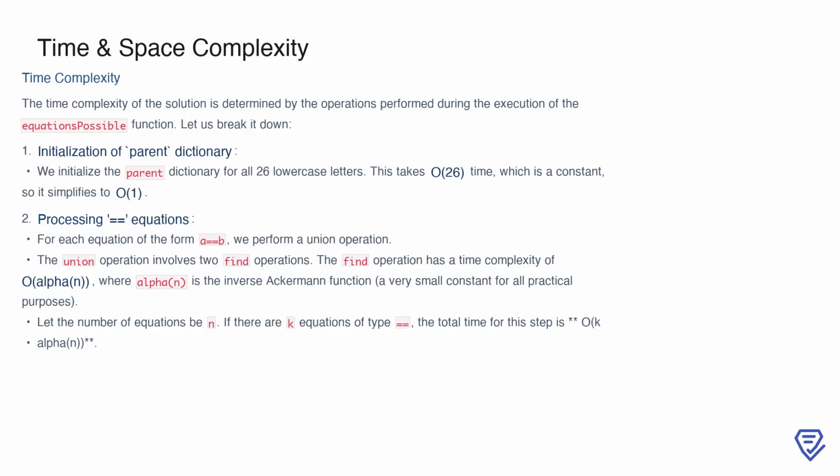The time complexity of a single find operation is α(n), where α(n) is the inverse Ackermann function, a very small constant for practical purposes. If there are k such equations, this step requires k * α(n) time in total. These two components form the foundation of our time complexity analysis.